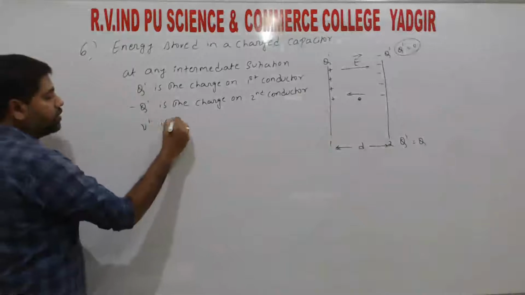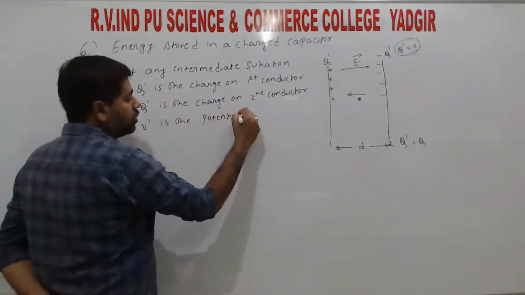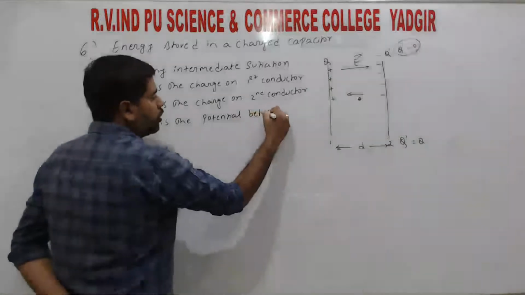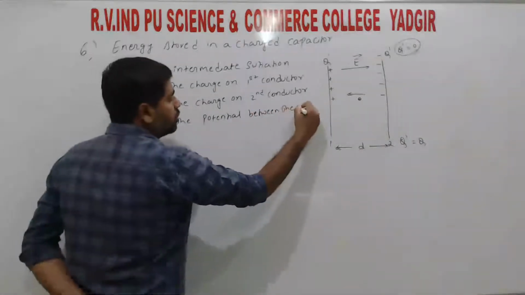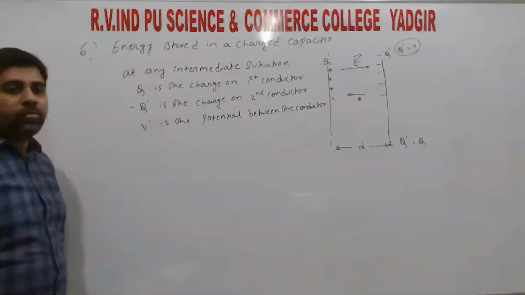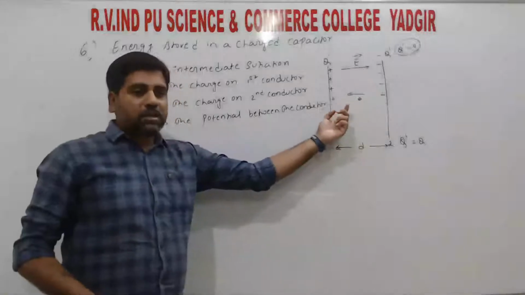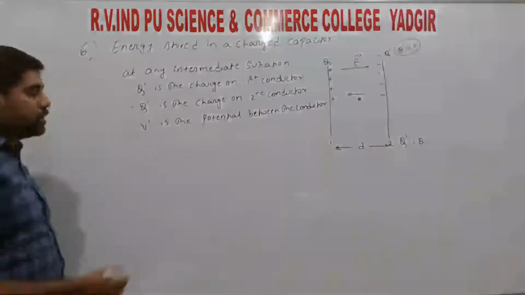V dash is the potential difference between the conductors. Here an electric field is present, so the charge is displaced, and hence work is done, right?